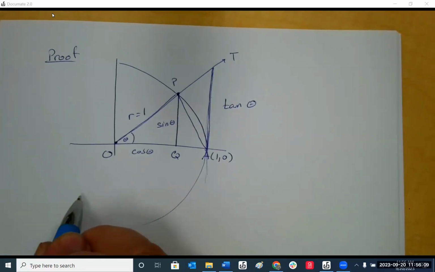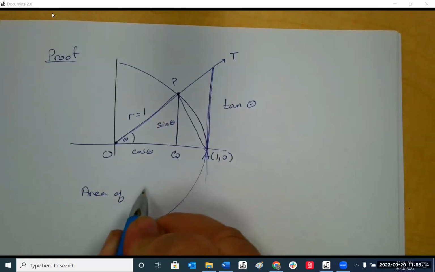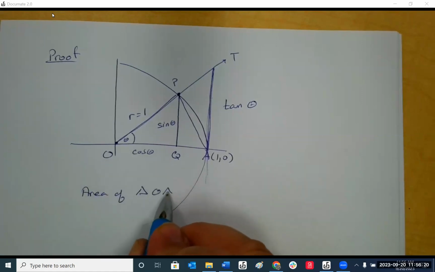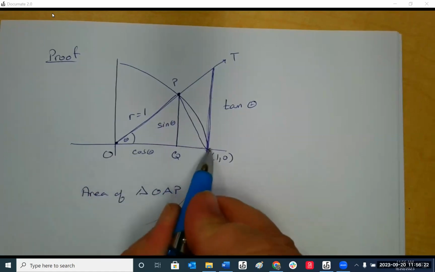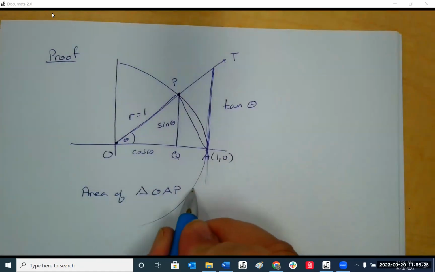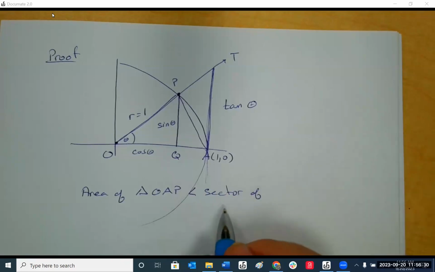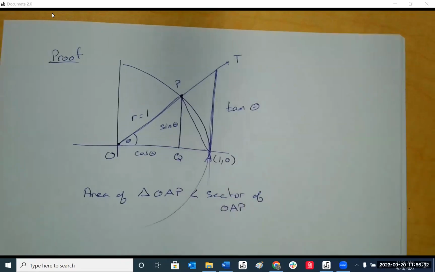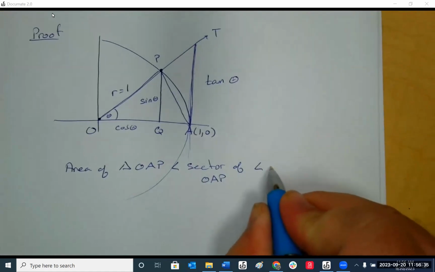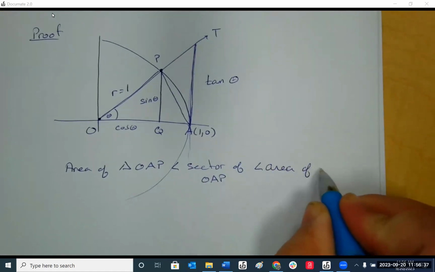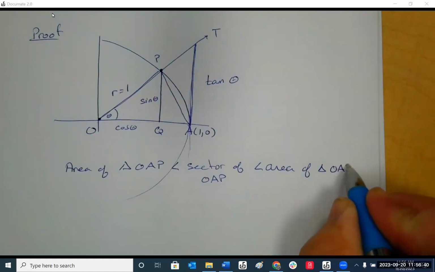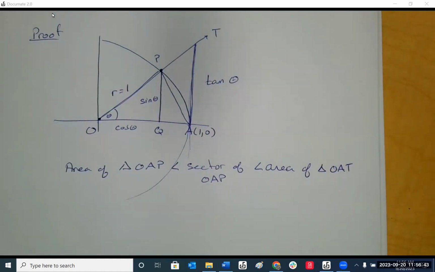So what we have to do first is the area of our triangle OAP. This is this big one here. Is less than the sector of OAP, which is less than the area of the triangle OAT. True.